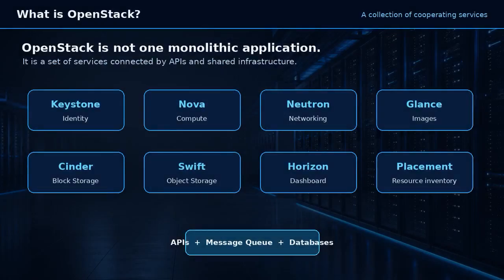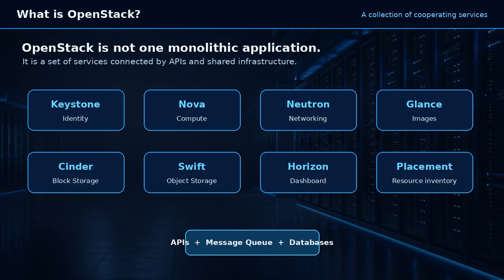OpenStack is an open-source platform for building and operating cloud infrastructure. It is not a single application. It is a collection of cooperating services, each focused on a specific responsibility and exposed through APIs. Keystone handles identity and authentication.